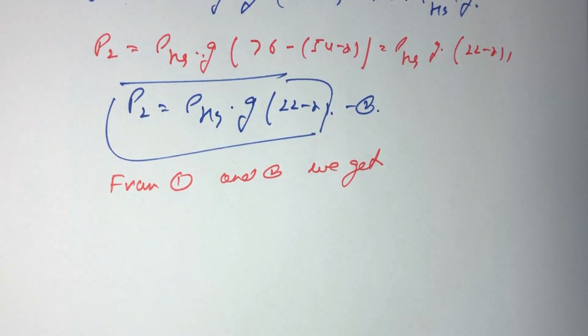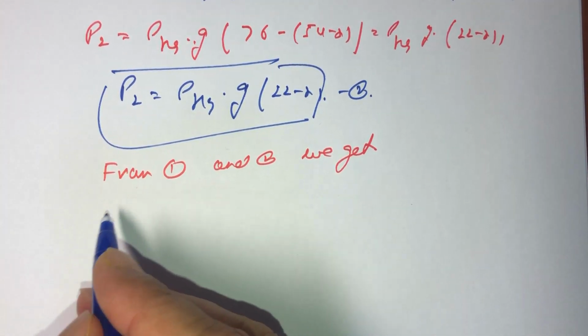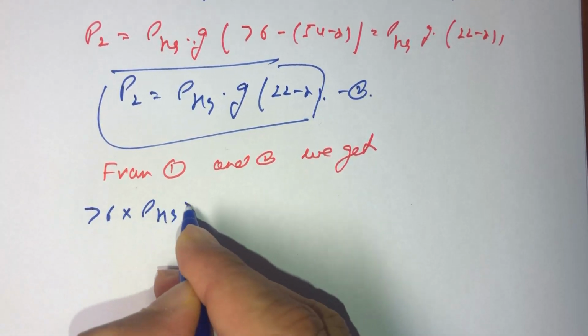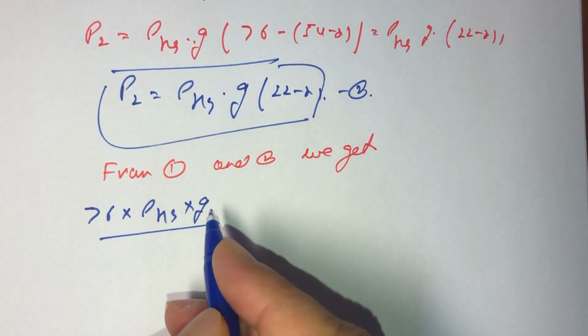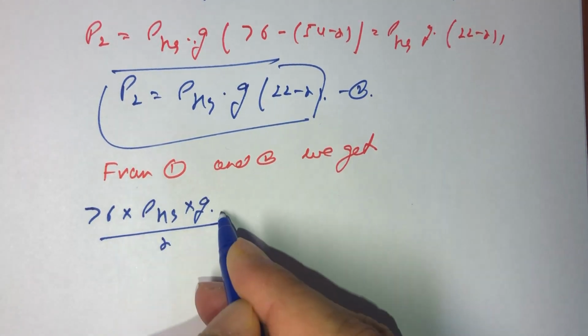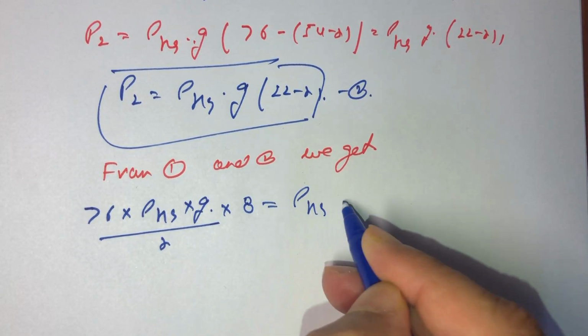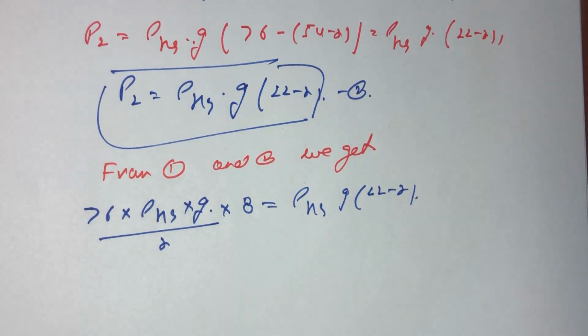So we get P naught, and P naught is our 76 multiplied by rho Hg multiplied by G, divided by x and multiplied by 8 is equal to rho Hg multiplied by G and 22 minus x.